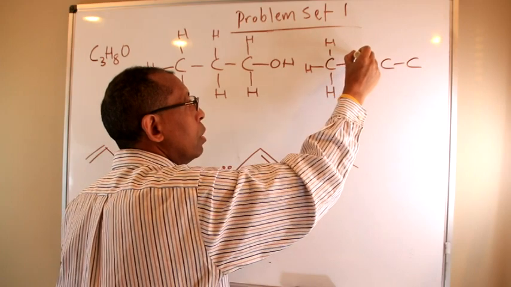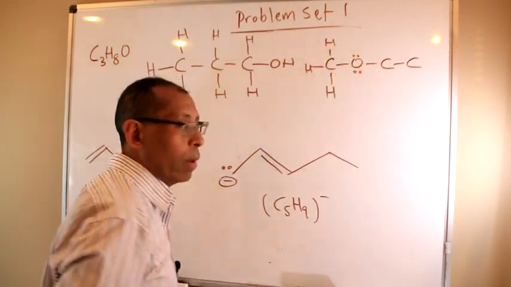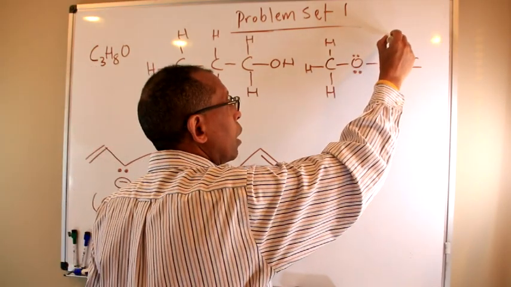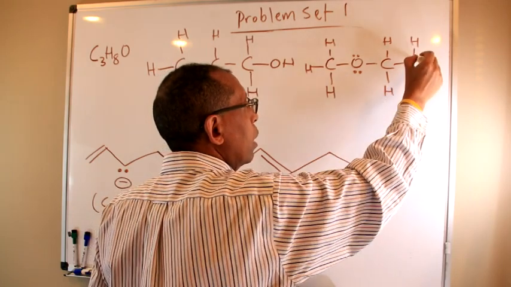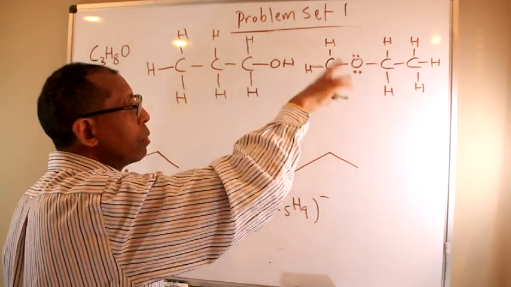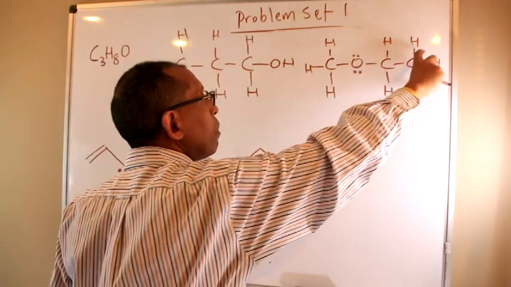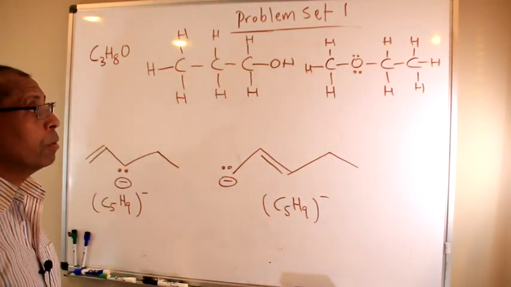Oxygen, obviously, you should remember there are 2 lone pairs because it should satisfy the octet rule. This carbon can take 2 hydrogens, and this carbon can take 3 hydrogens. So if we just count the number of hydrogens, you have 3, 5, 8. So we are good with 8 hydrogens.